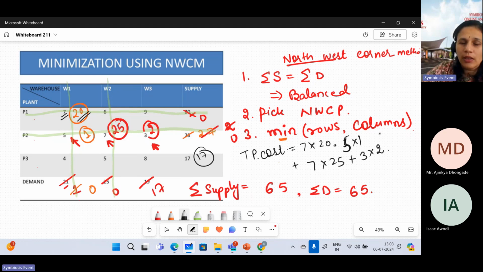And similarly, keep going on, and that will give me my transportation cost. So let me take once again the entire question.